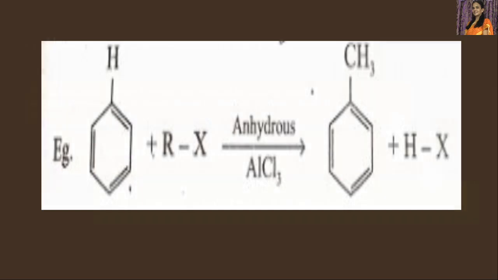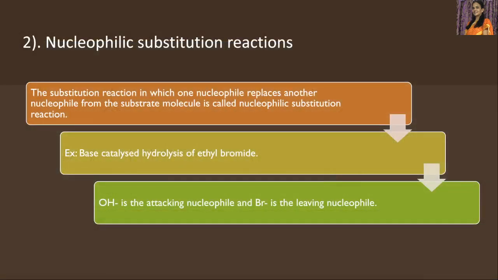Okay, now let us see the next type of substitution reaction, that is nucleophilic substitution reaction. So what is a nucleophilic substitution reaction? This is the substitution reaction in which one nucleophile replaces another nucleophile from the substrate molecule.